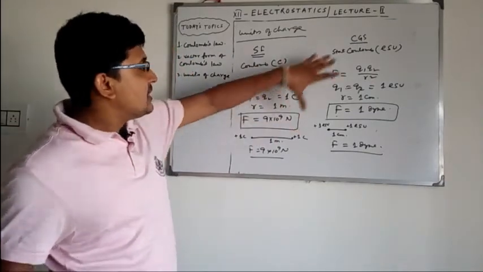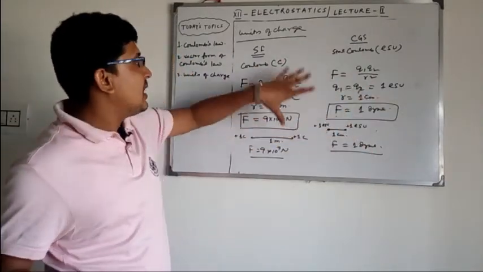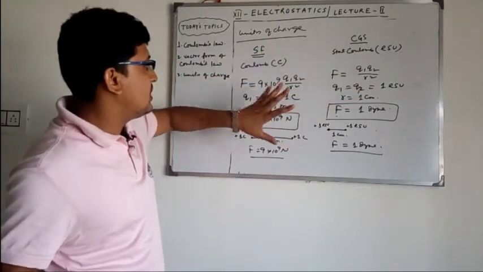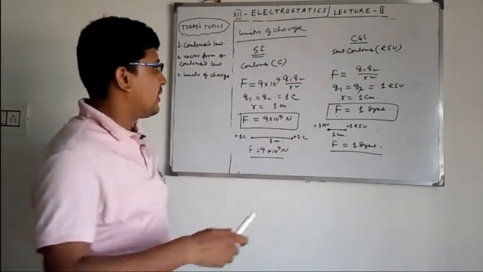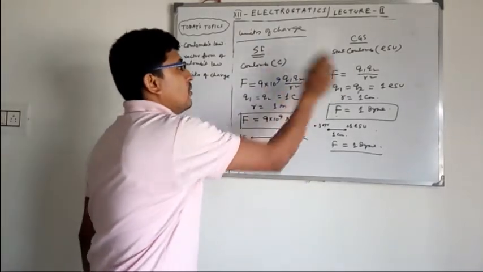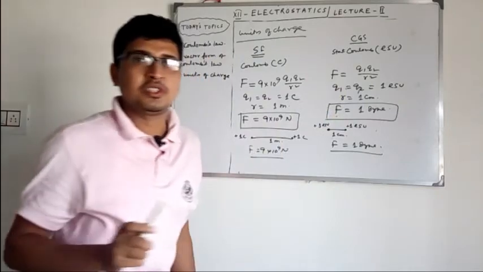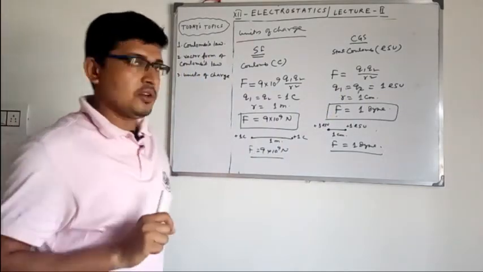Now, this is the mathematical form of the SI and CGS unit systems, and now we shall define 1 coulomb and 1 ESU charge. First we define 1 statcoulomb charge. Listen very carefully.